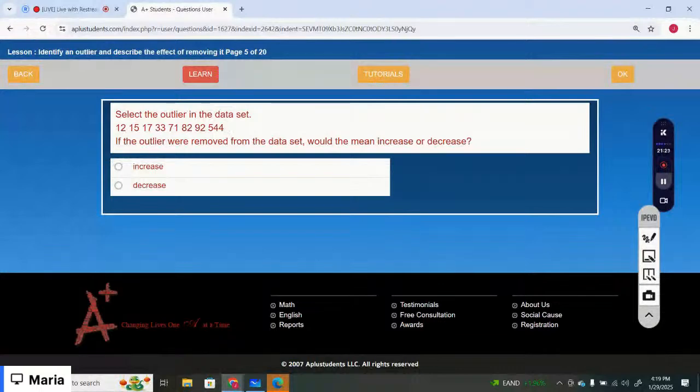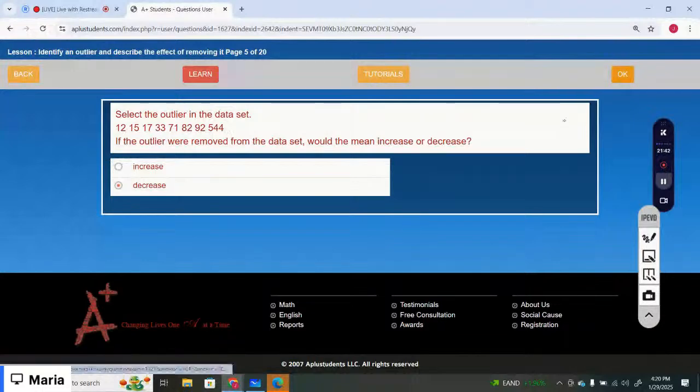Select the outlier in the data set. So which is the correct option? Decrease it is.